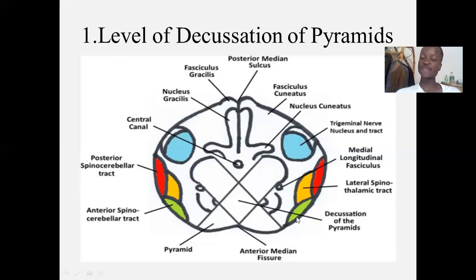You're going to find that this dorsal spinocerebellar tract, you're only going to see it in transverse sections of the medulla because it's going to enter the cerebellum via the inferior cerebellar peduncle. Unlike this anterior spinocerebellar tract, which will enter the cerebellum via your superior cerebellar peduncle.